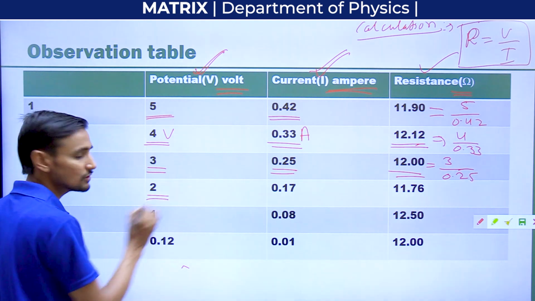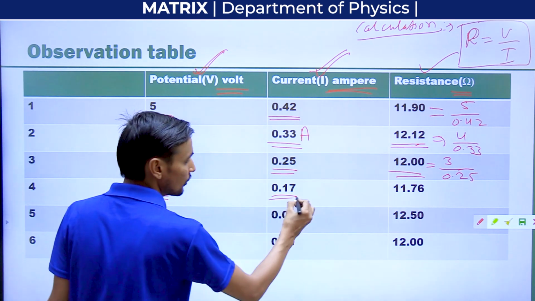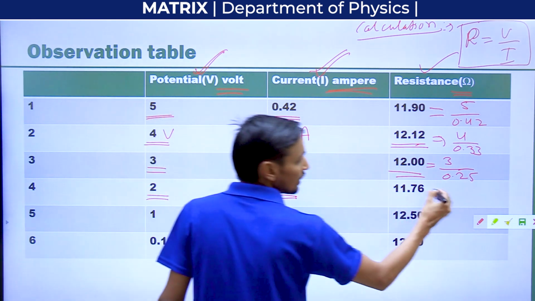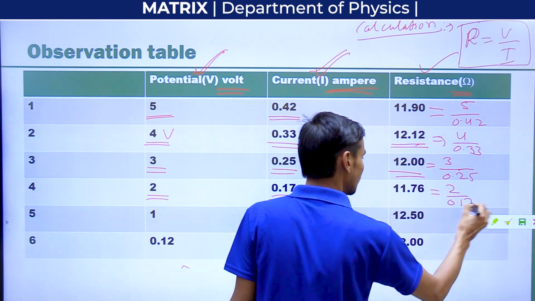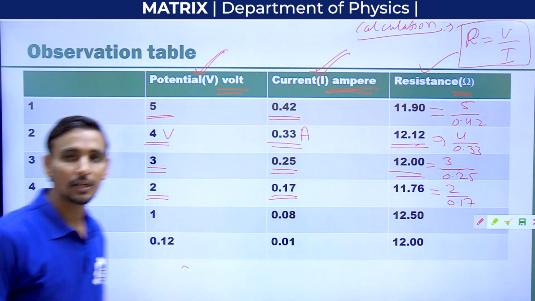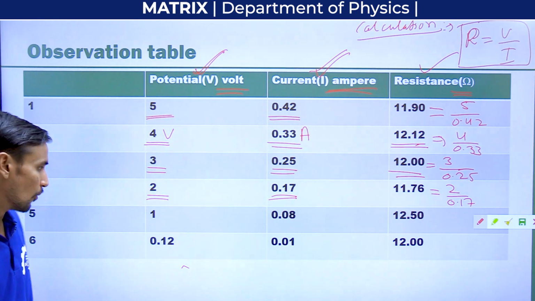When the potential is 2 volt and the current is 0.17 ampere, the resistance is 2 divided by 0.17, that means 11.76 ohm.